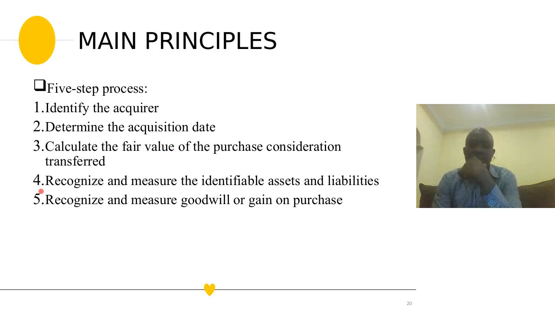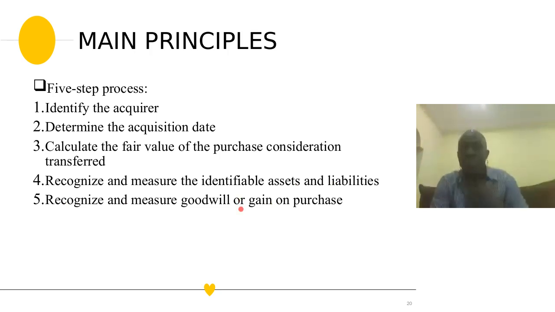Number four, you have to recognize and measure the identifiable assets and liabilities. By now, I hope we know the differences between assets and liabilities and their definitions. And then lastly, you also have to recognize and measure the goodwill or gain on purchase.